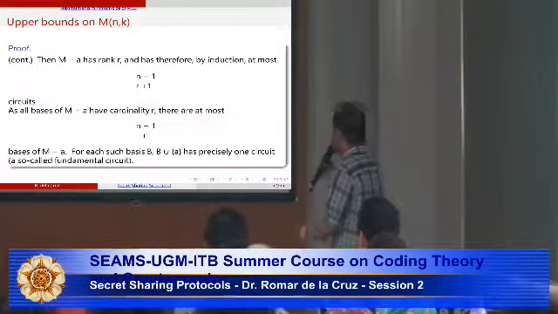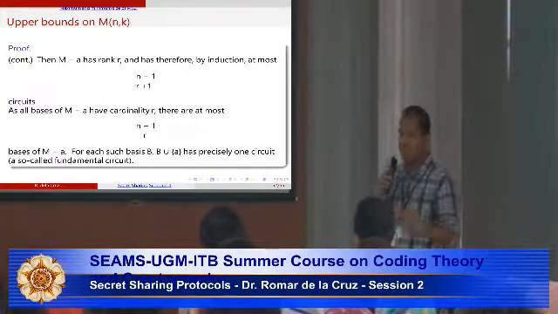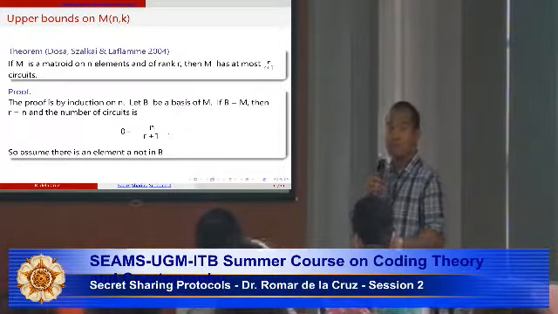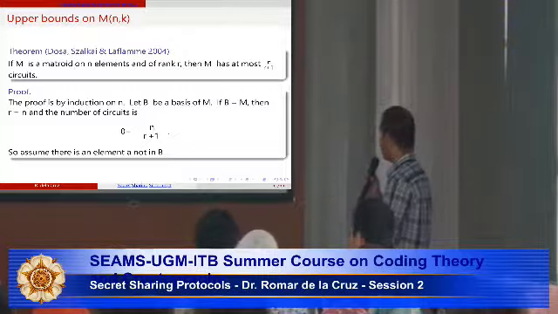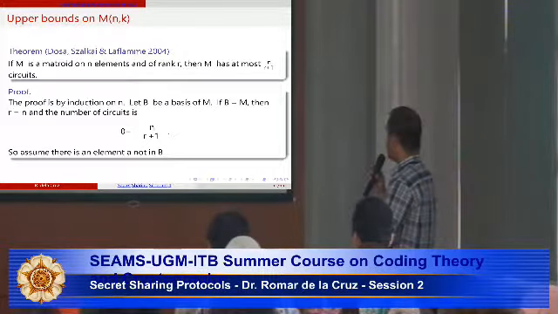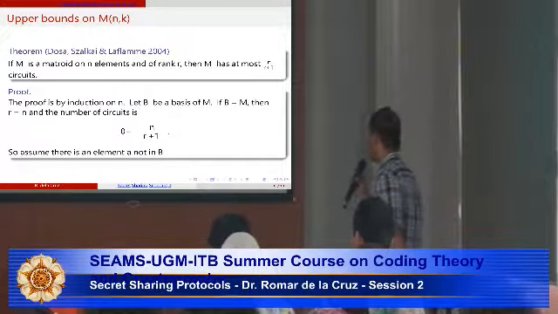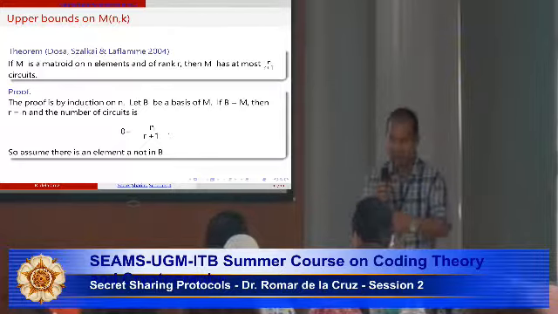Now, let's look at some bounds on this quantity, the maximum size of M(C), minimal code words. For the matroid, we have this theorem: a matroid M has at most n choose r+1 circuits. So we look at the proof.